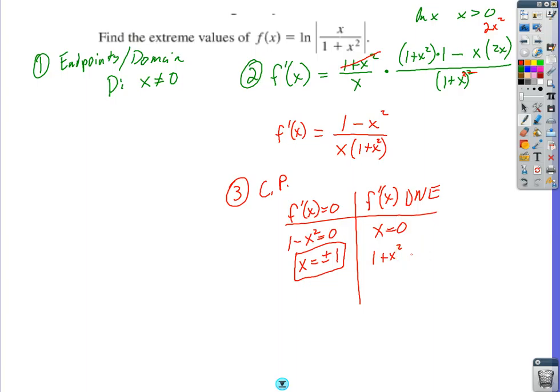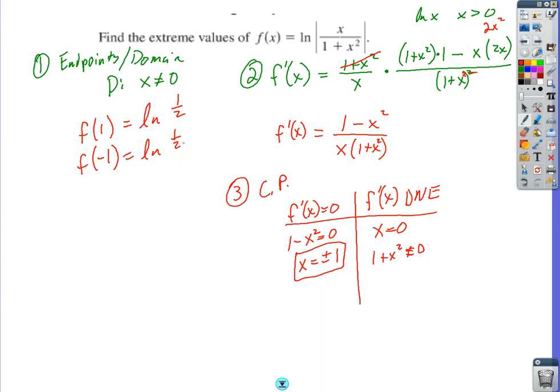No, that will never equal 0, so there are no critical points from there. So my only critical points now are f of 1 and f of negative 1. When I plug that in, I find that's the natural log of 1/2 for both of them.